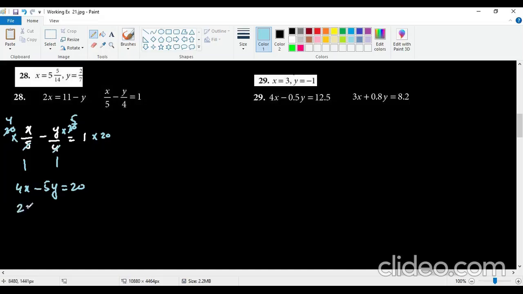First equation is already there. 2x plus y equals 11. Now in here I will multiply the first equation by 1 and this equation by 2. So finally it becomes 4x minus 5y equals 20, and this is going to be 4x plus 2y equals 22.